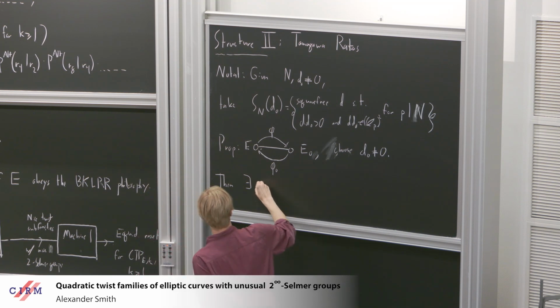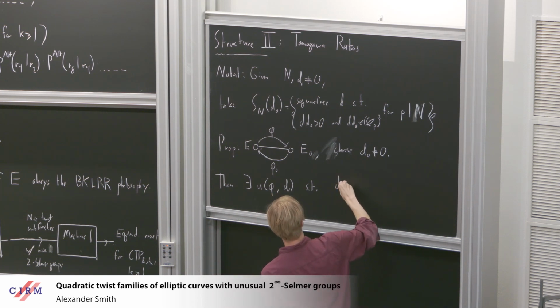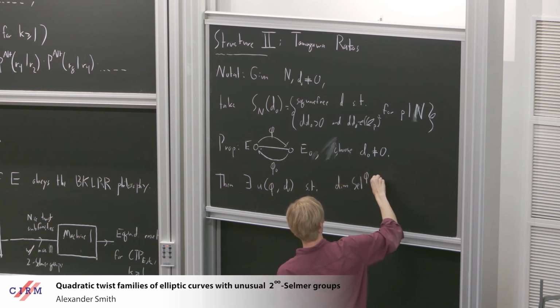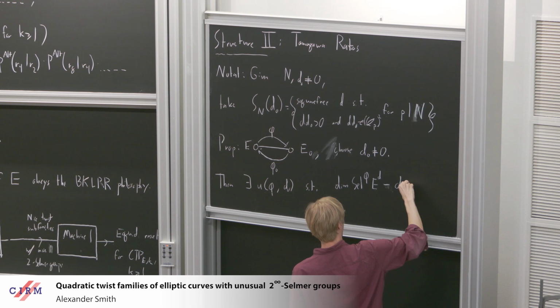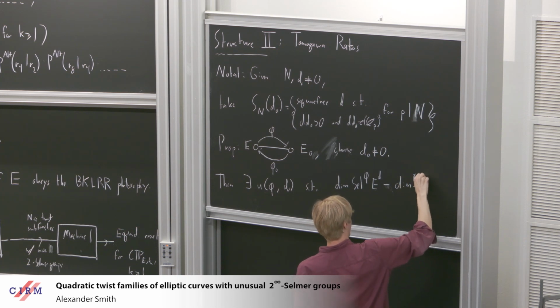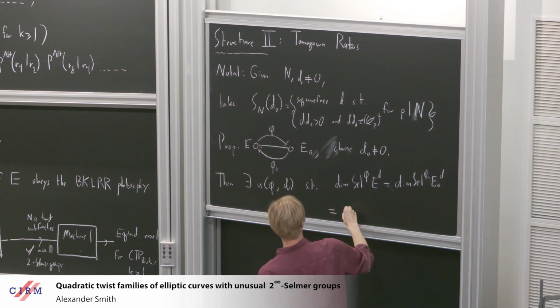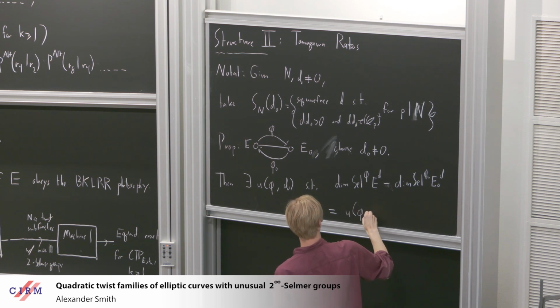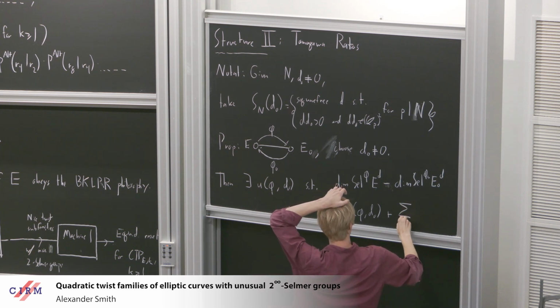there is an integer u, depending on just the isogeny phi and on d naught, such that when we take the difference of the phi Selmer group of E twisted by d, and the phi naught Selmer group of E naught twisted by d, this is going to equal this constant u plus the sum over the primes dividing d.